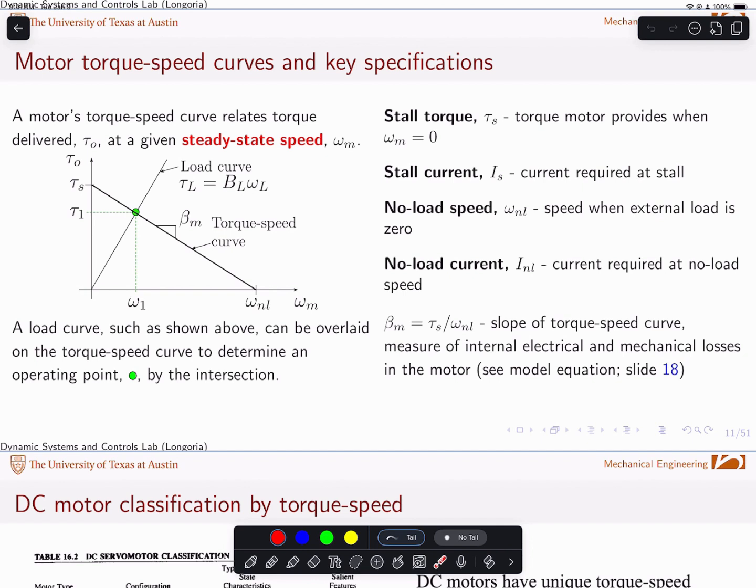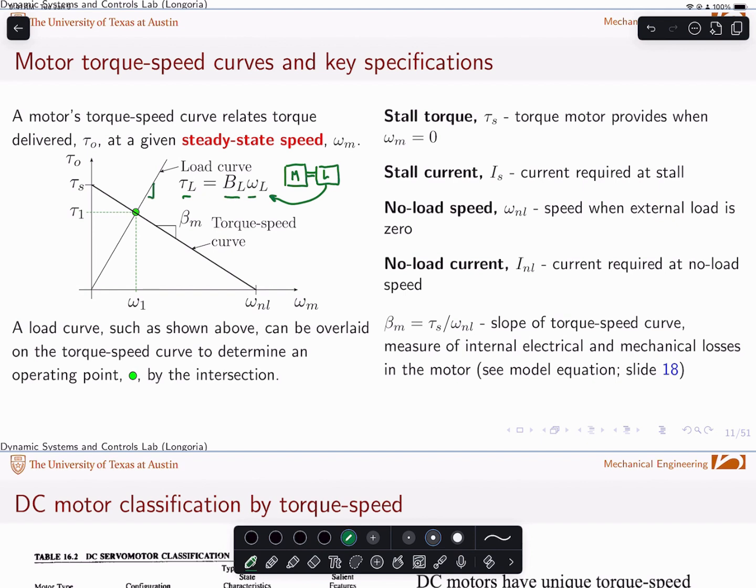I've overlaid on this torque speed curve a load curve, so you can envision that this might be the motor driving a load, and this load itself might have this characterization. The torque could be linearly related to the speed in one case.